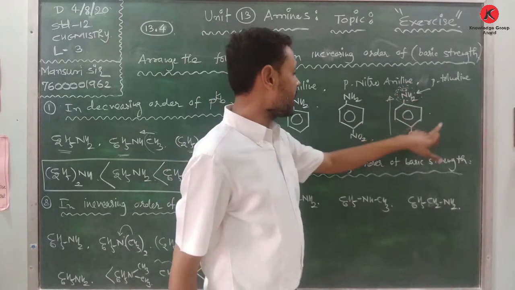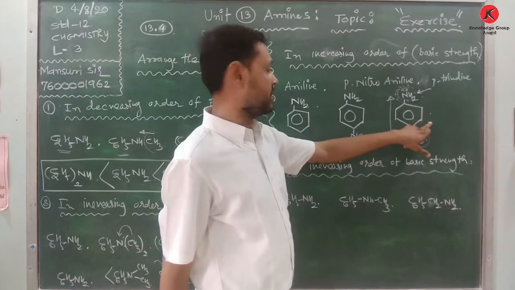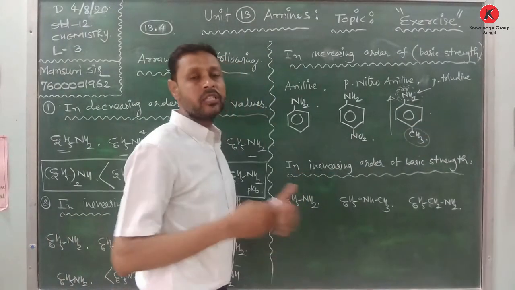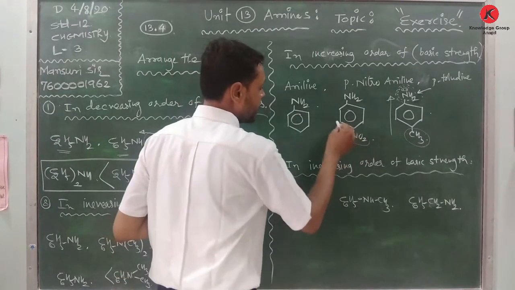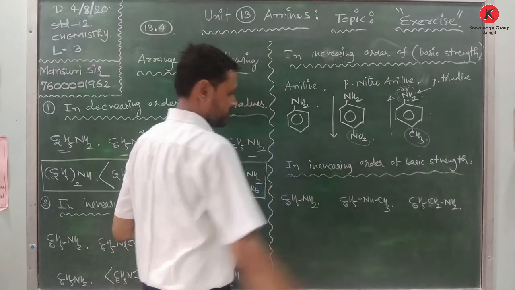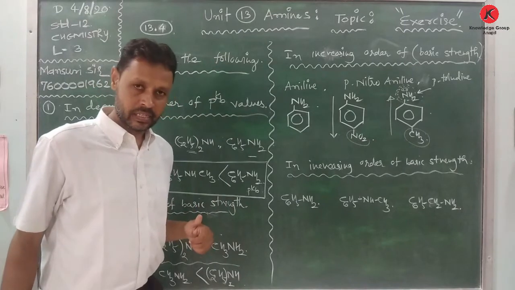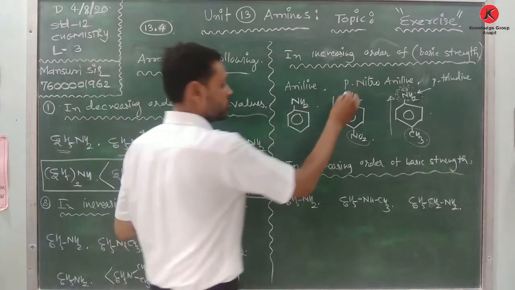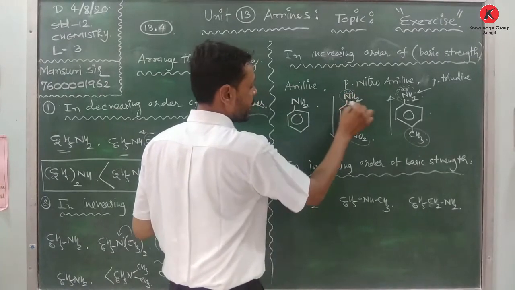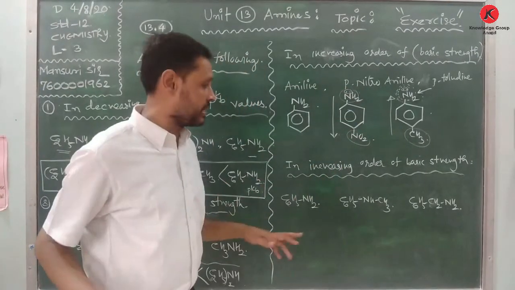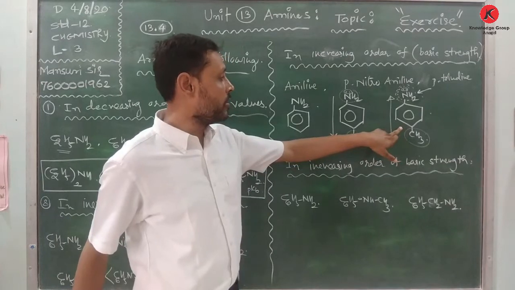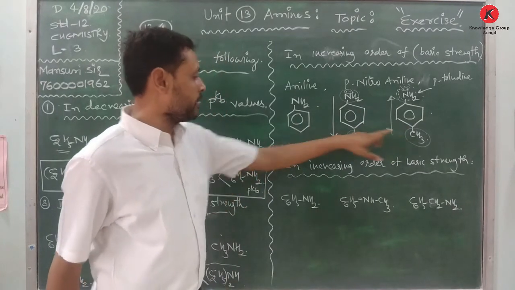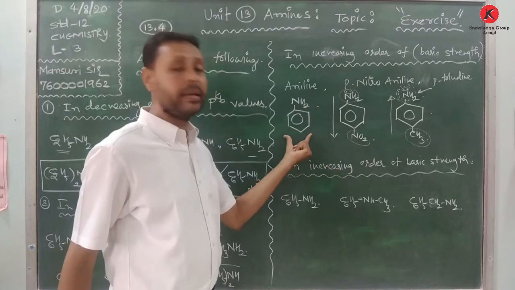So para-toluidine is more basic, and here nitro, which is of opposite nature, is an electron withdrawing group, so it will accept electrons from nitrogen. So electron density on nitrogen will decrease a lot. In between the two, aniline will be in between.